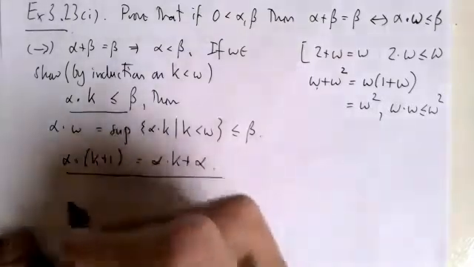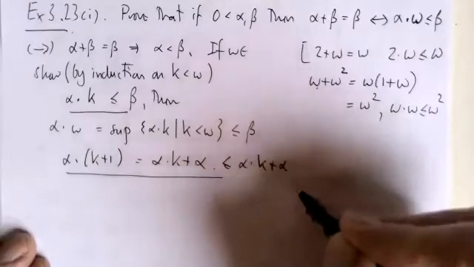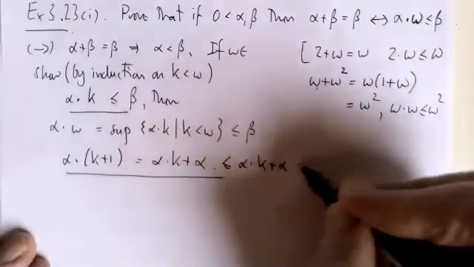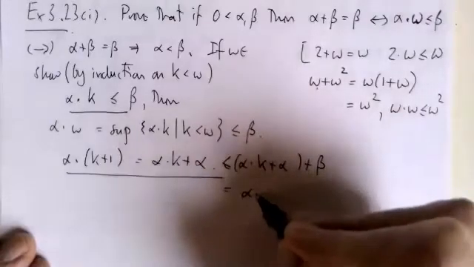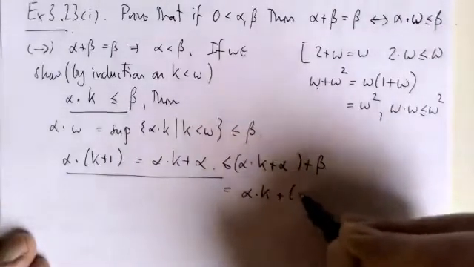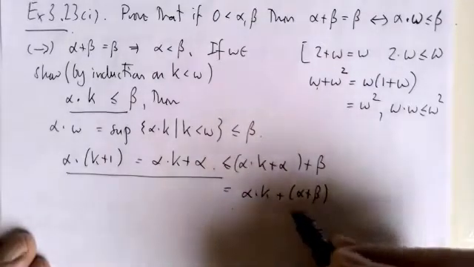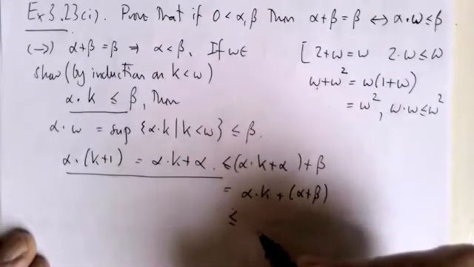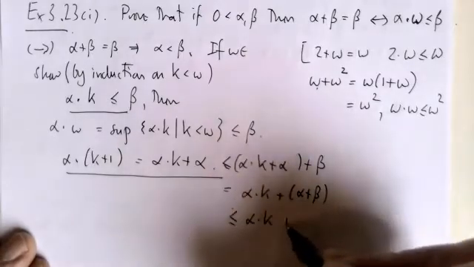If I add beta, this is less than or equal to alpha times k plus alpha plus beta, which is alpha times k plus alpha plus beta. So I've got that this is not quite right.